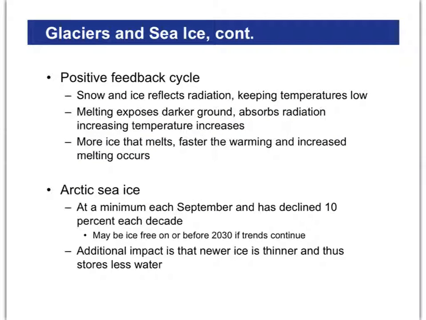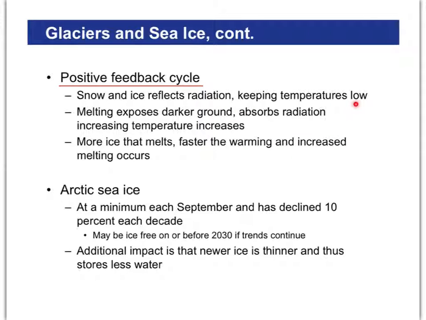So this melting of sea ice and of glaciers is actually an example of what I mentioned before in a previous section called a positive feedback cycle. Now positive, don't think of that as good positive, but positive meaning increasing. And what that means is the effect of global warming increases itself because, as we know, snow, which is colored white, and ice tend to reflect radiation because it's light, and so it keeps temperatures low.